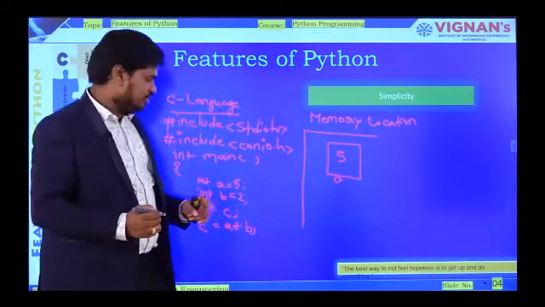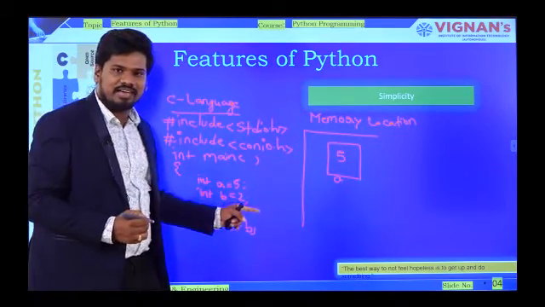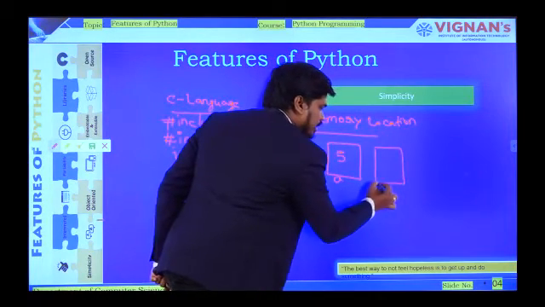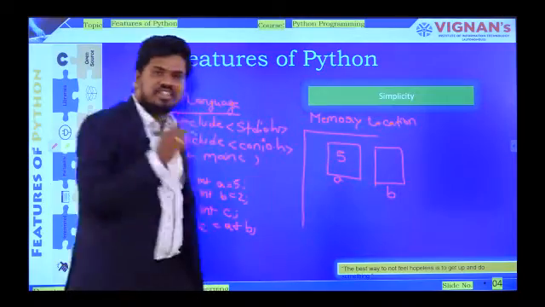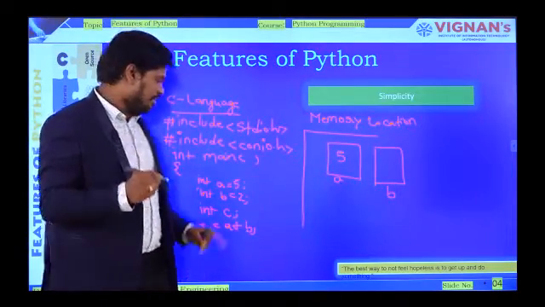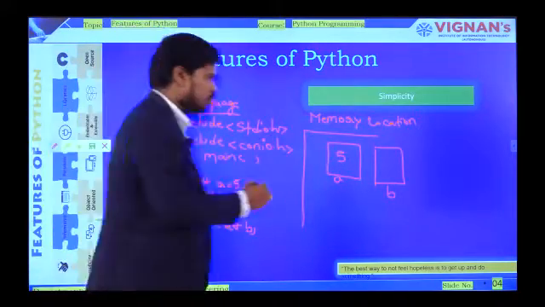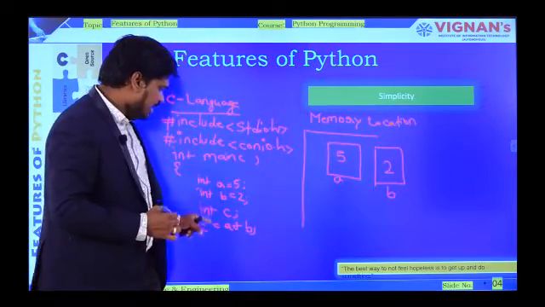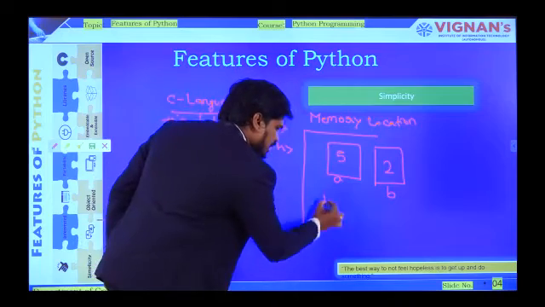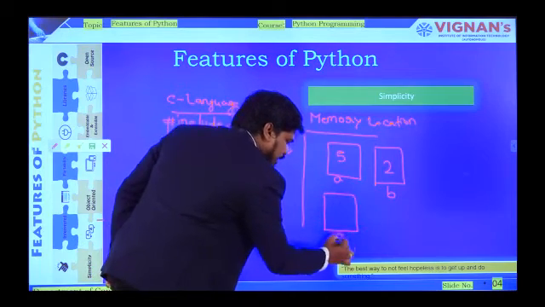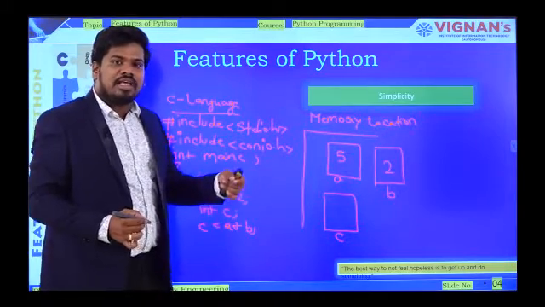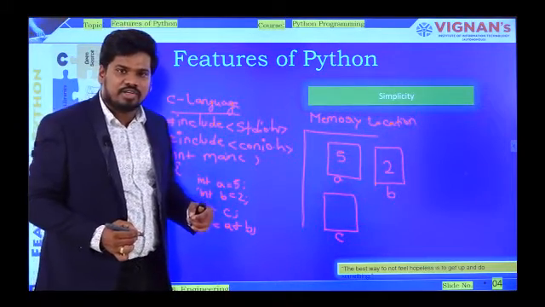Next, I have written int B is equal to 2. So in my memory, one more chunk would be created, the name associated with that chunk is B, and the value inside B is 2. Next, for int C, one more chunk has been created, named C, and inside that chunk by default there would be a garbage value.